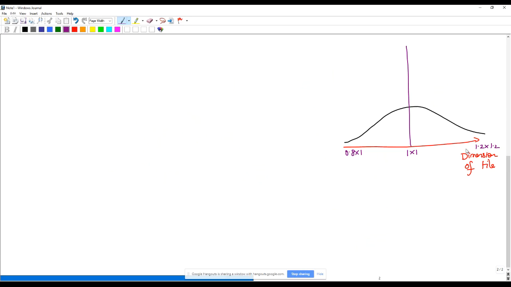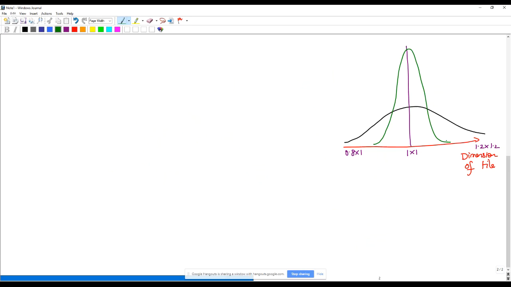It could be anything, right? It's just larger than 1 cross 1, that's all. What we discussed is that by applying the robust concept in that particular example, the tile distribution turned out to be something like this.